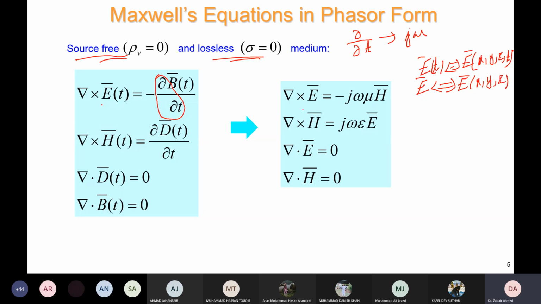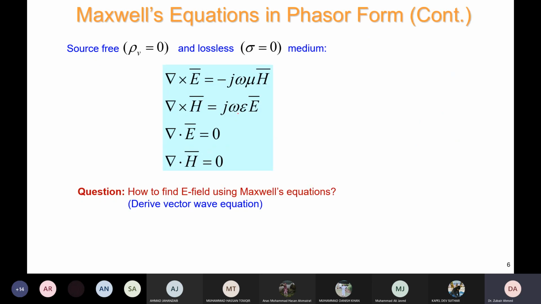So all the variables in these expressions are vector fields: these are instantaneous vector fields, and these are the phasor vectors. I also use the constitutive relations here, that B is equal to mu H, and for D I have used D is equal to epsilon E. So these were my four Maxwell equations in phasor form.